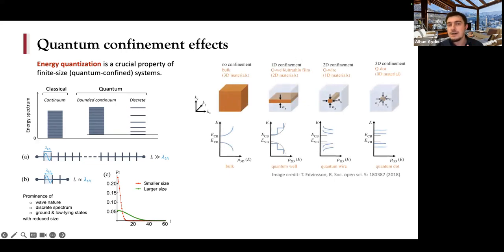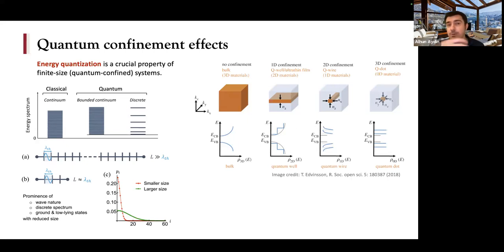The important property of these materials comes from the energy quantization. The discreteness of the energy spectrum is very important in determining the physical properties of these materials. For example, one of the primary consequences is that the density of states can change dramatically.